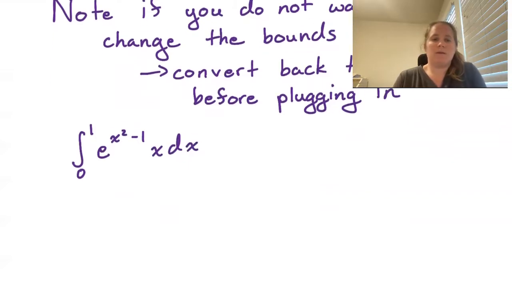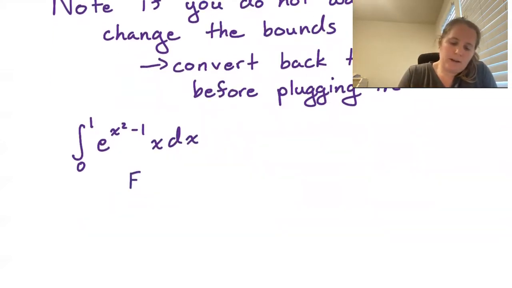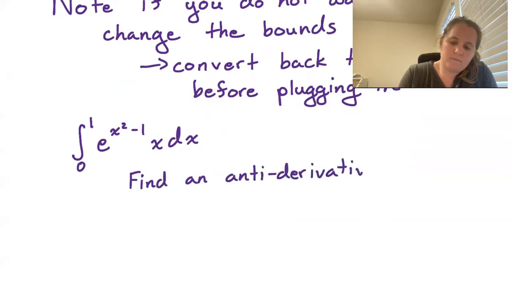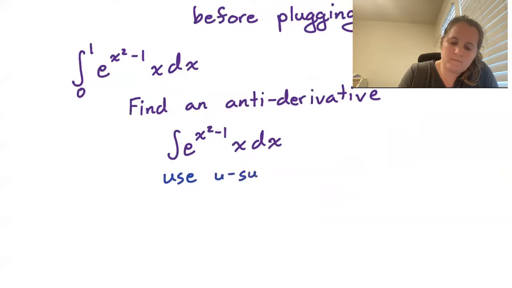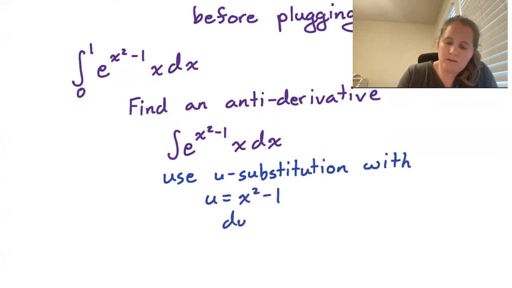Okay. What we could do is find an antiderivative. So we will look at the integral of e to the x squared minus 1 times x dx. And we could have used u-substitution. Again, with u equaling x squared minus 1, we have du is 2x times dx.